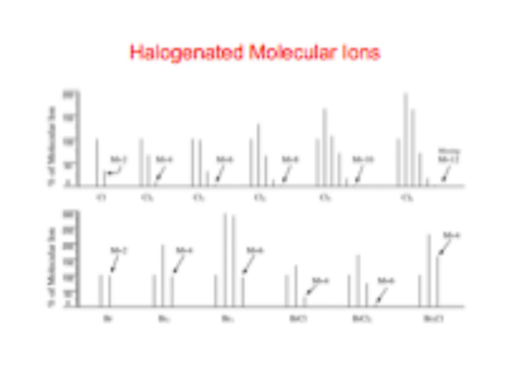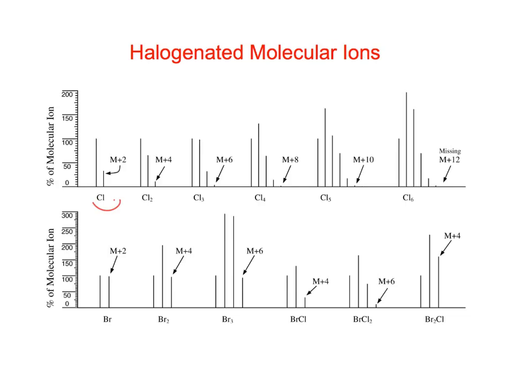Okay, so here are some different patterns that we could have for different combinations of halogens. The only ones we've really talked about so far are chlorine, which gives a 3-to-1 ratio, and bromine, which gives a 1-to-1 ratio. But if we have 2 bromines, we get what looks like a triplet from NMR.